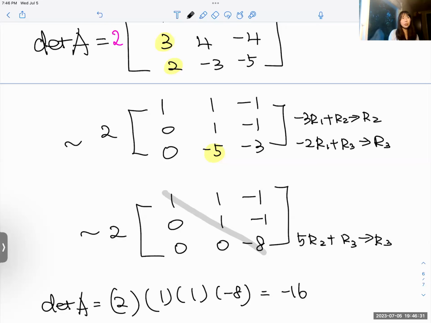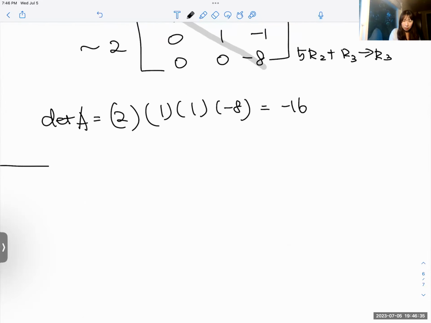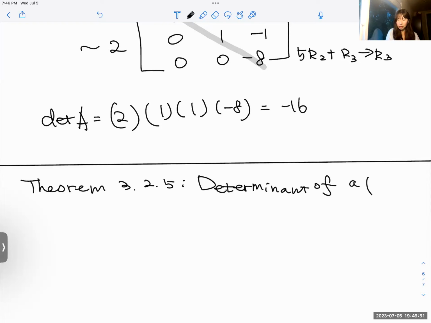All right, so we have another determinant property, theorem 3.2.5, determinant of a product.